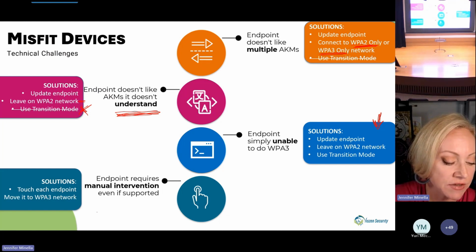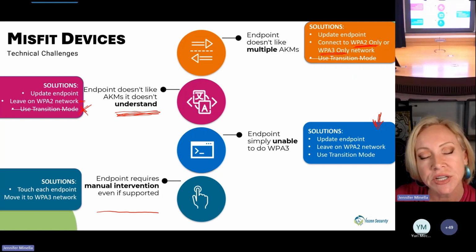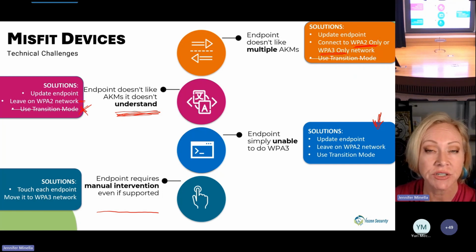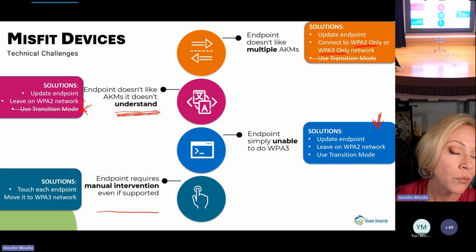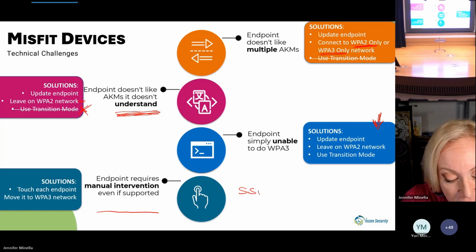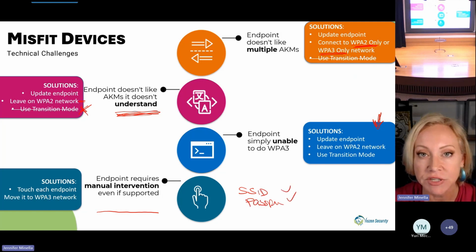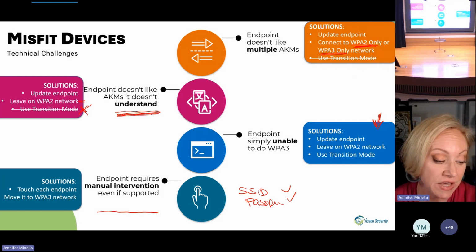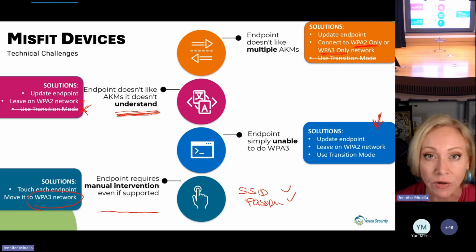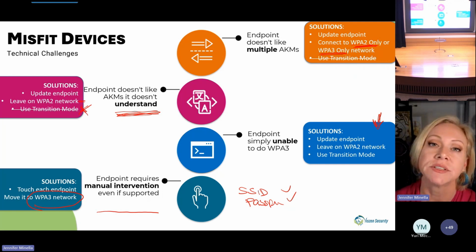So then the solution here, if it requires manual intervention, and there's a fair number of these endpoints, and I think the smarter the endpoint, the more often intervention is required because the endpoint recognizes that something changed. Even if you have the same SSID and you have the same passphrase, it still knows something changed. And so it might ask you to interact with it. And so if you're going to go touch the endpoint, go ahead and just move it to a WPA3 network. Why bother and do it twice?